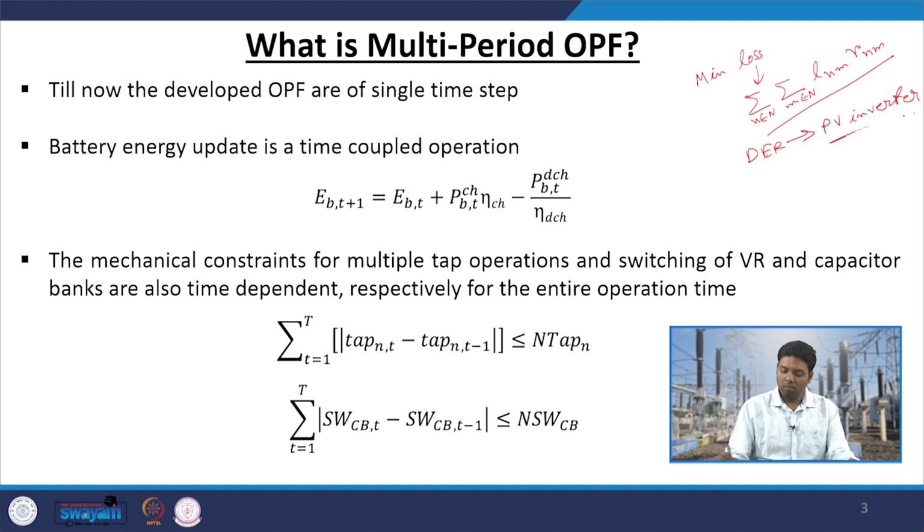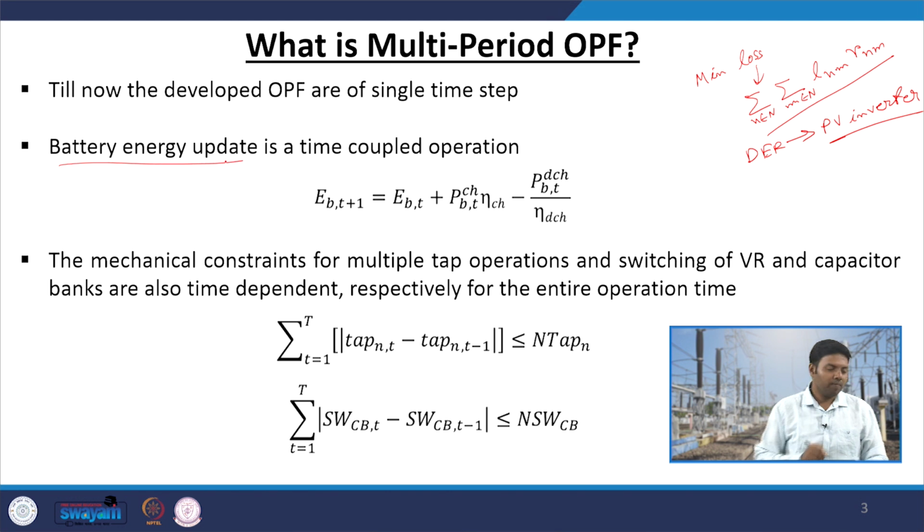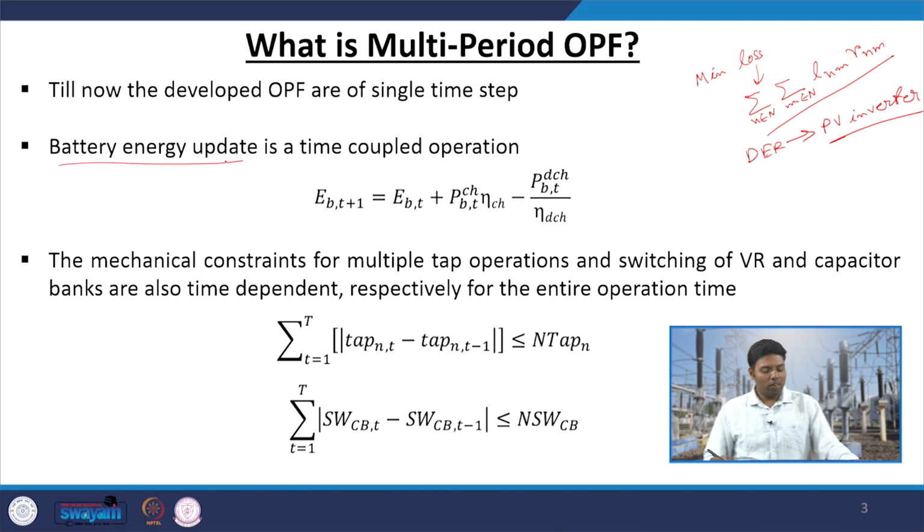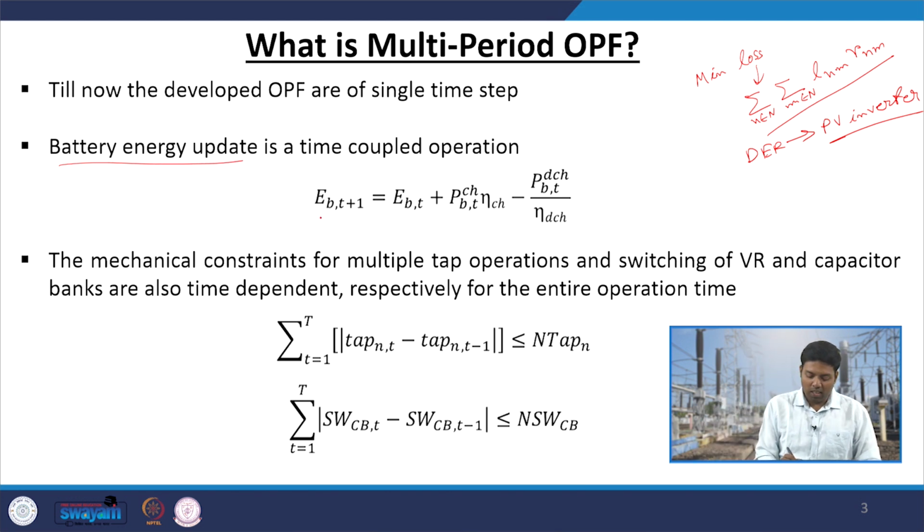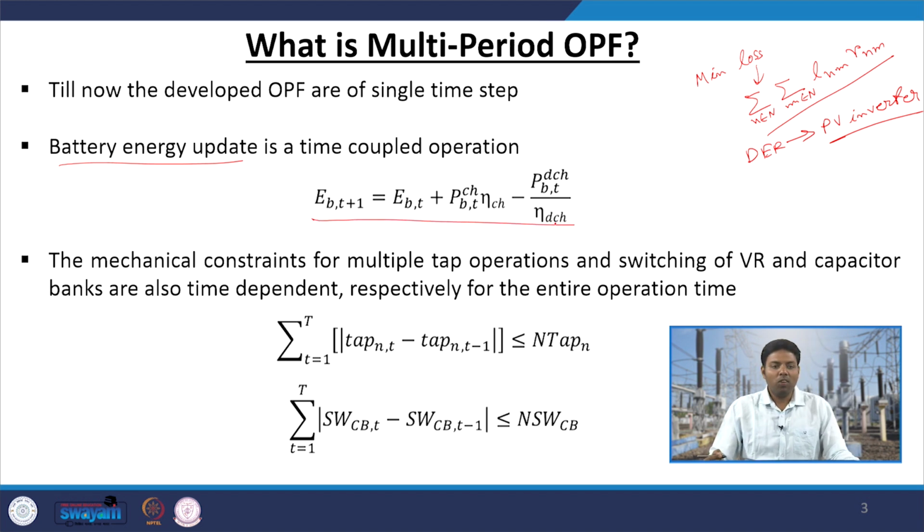That means the output of the PV inverter is not a time coupled operation. But if we consider battery DER, we have seen in the module that if you design a battery and do the energy update, the energy update is a time coupled constraint.